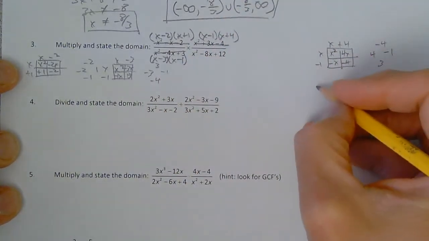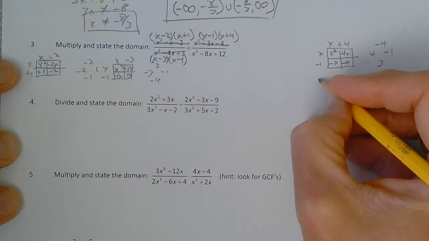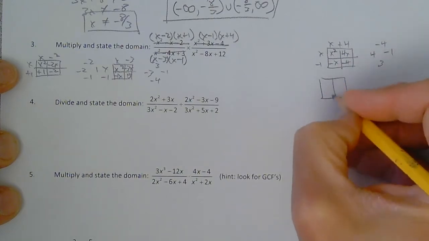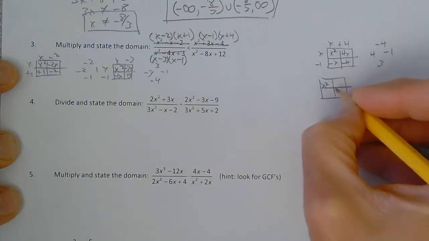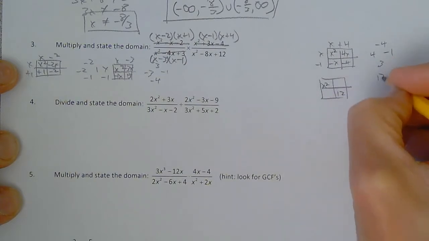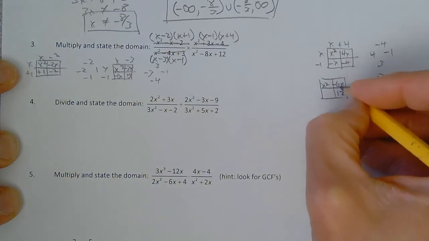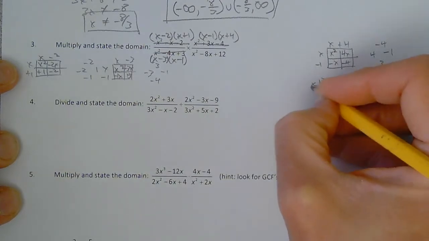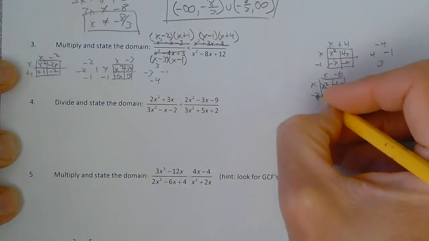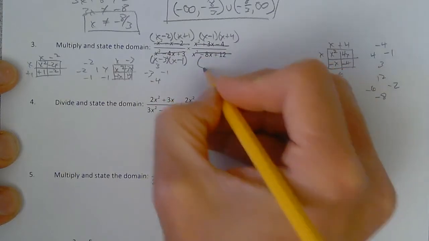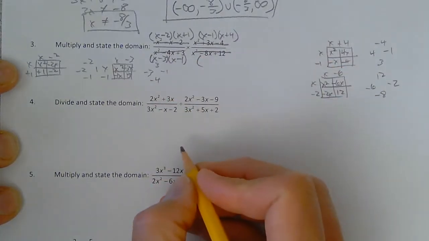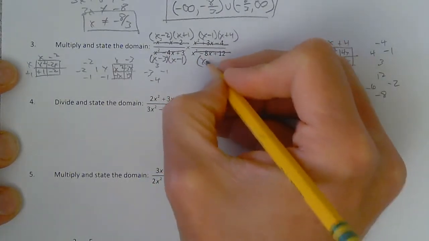And then finally that one. So I got the x squared and a 12. Those multiply together to give me a 12, and I need a negative 8. Sounds like a negative 6 and a negative 2. So minus 6x minus 2x. This factors to an x minus 6 and an x minus 2.